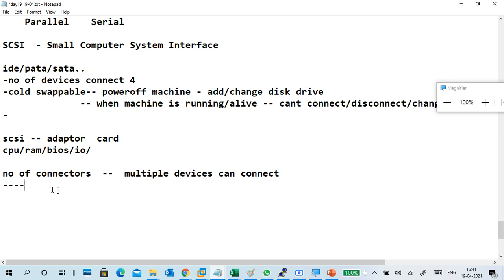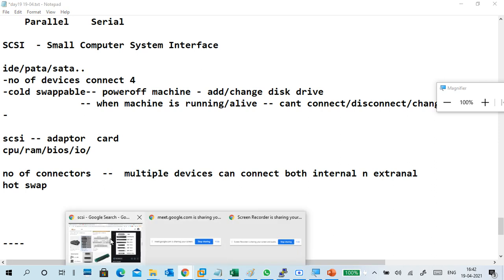That is another positive, both internally and externally. And SCSI is hot swappable.